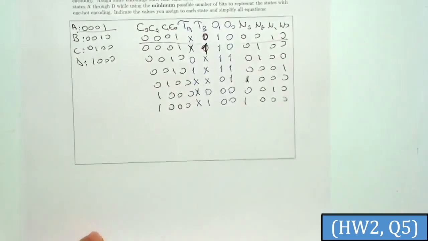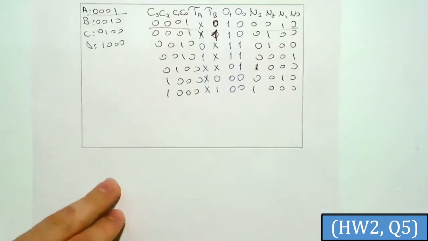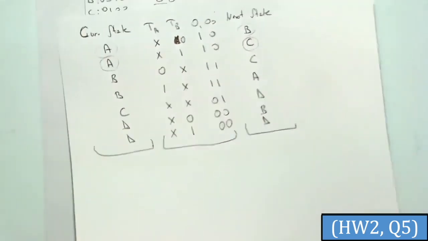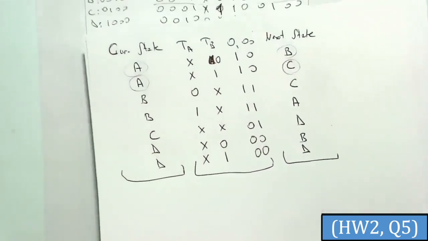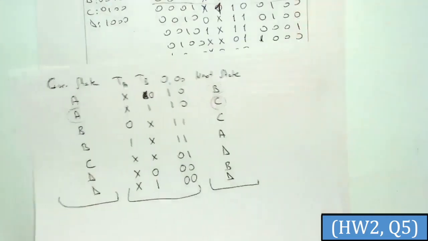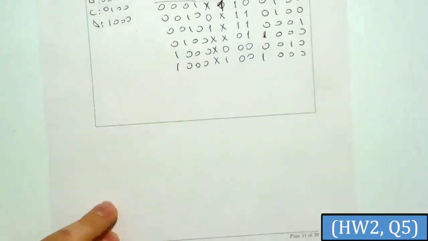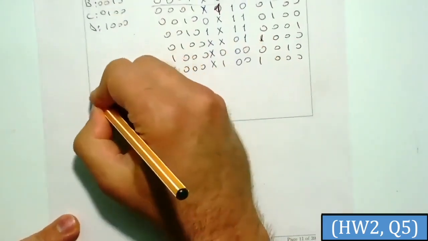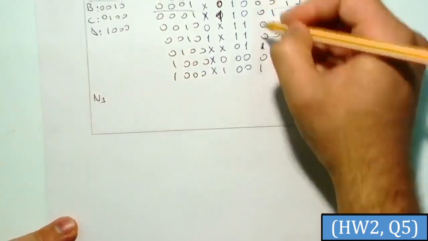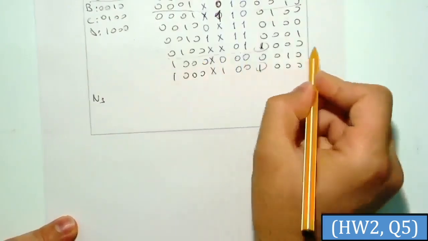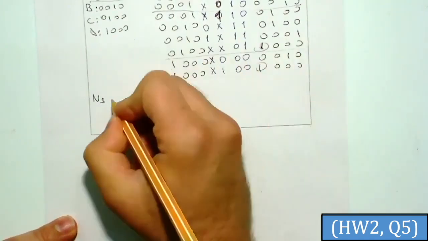Okay. So based on that, I'll write the next states and also the outputs, right? C and B. Okay. All right. So let's write N3 here. I'll check when N3 is 1. N3 is 1 for these two rows.